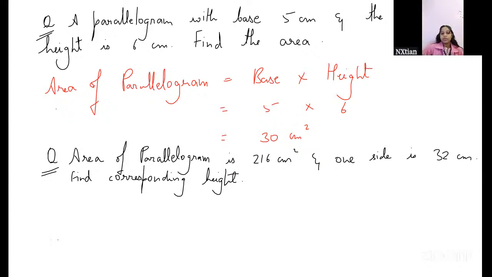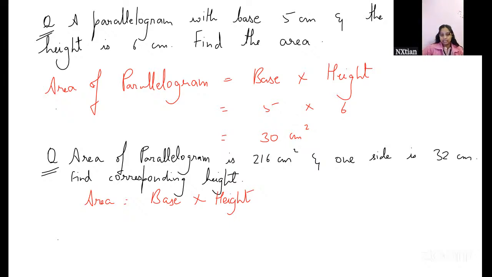Now, in every question, we use the same formula. We just change the places of the values according to what we have to calculate. Same thing we will do here. Area equals to base into height. The formula remains the same, whatever thing you are asked.